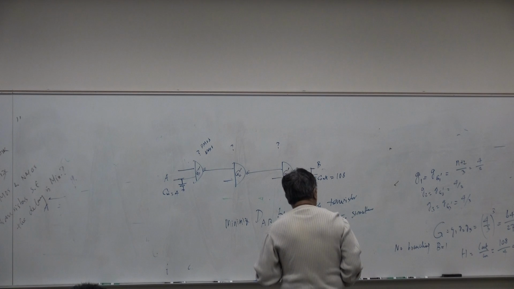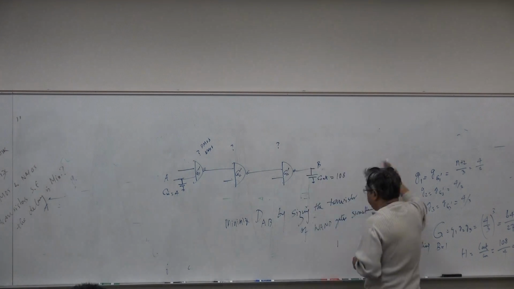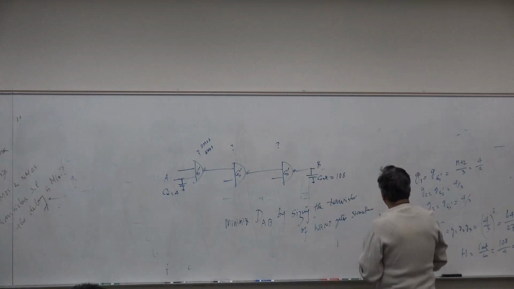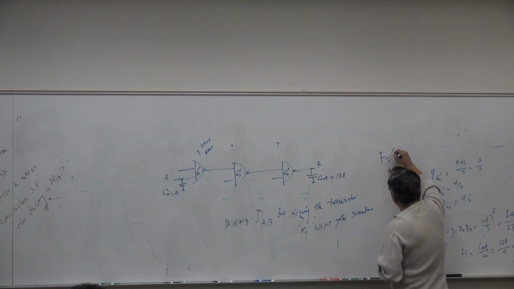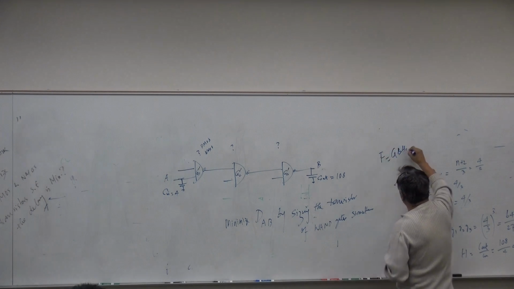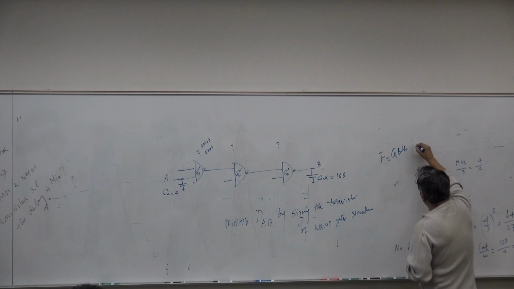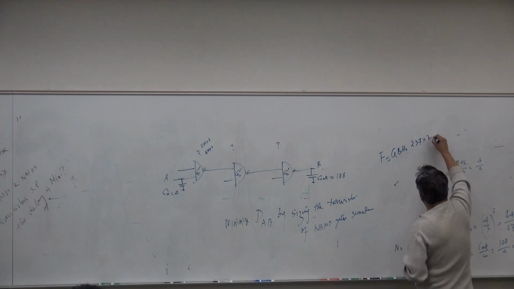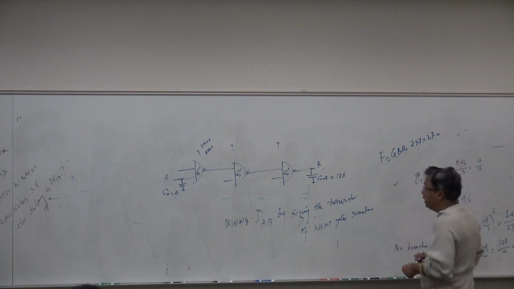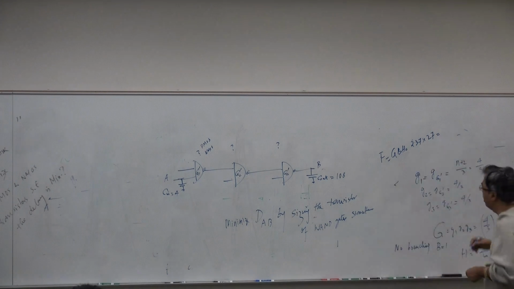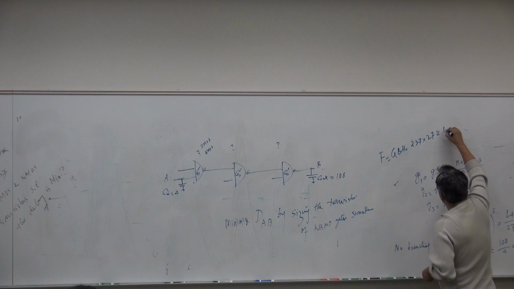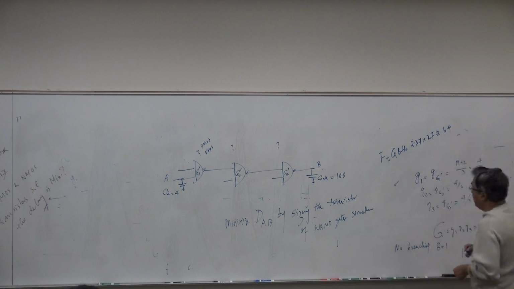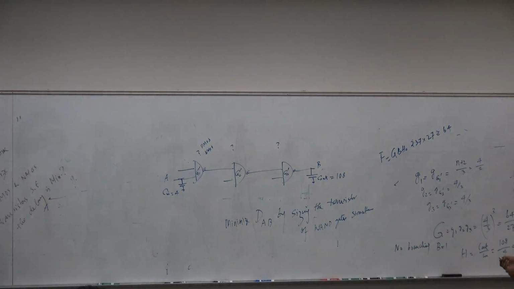So we can calculate F. F is equal to GBH, which is equal to 2.37 multiplied by 27. This is close to 64, 63.99, so 64.